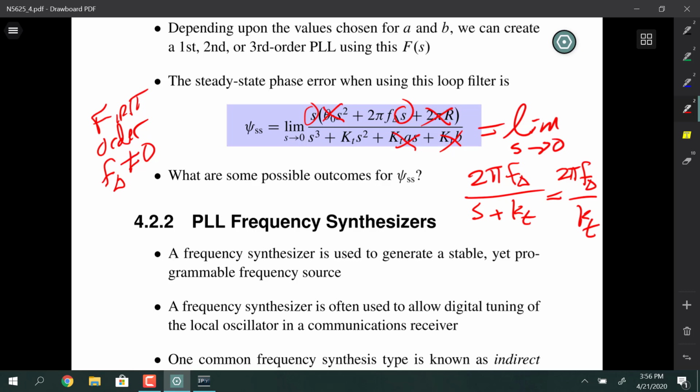But what's the next thing that we would find undesirable? If we have a higher platform dynamic, like a frequency ramp, the steady state phase error is going to not be a constant, it's going to go unbounded.